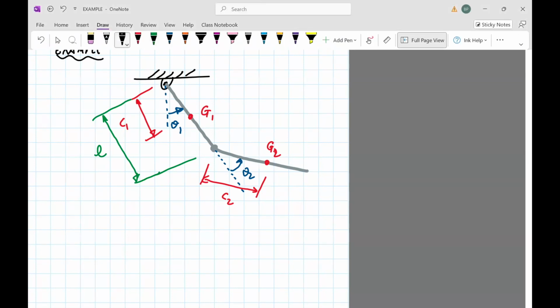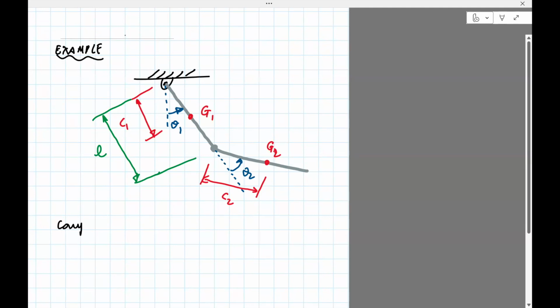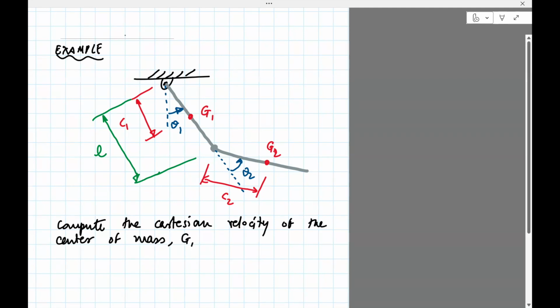Okay, so the question is: compute the Cartesian velocity of the center of mass G1 and G2.